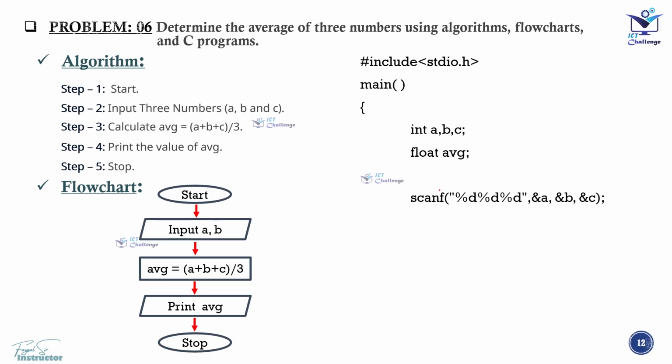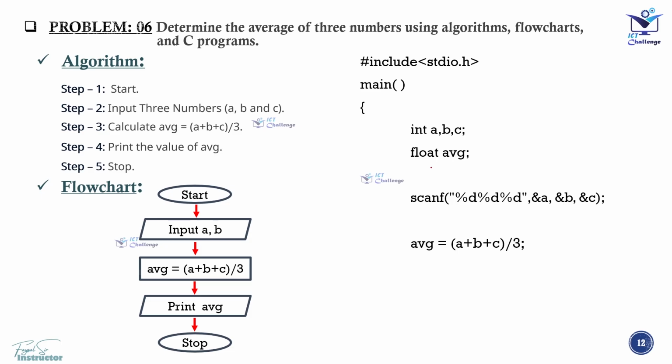We need to take input for these 3 integers, so scanf percent d for 3 times, and we write the address and name of each integer: ampersand a, comma, ampersand b, comma, ampersand c. After that we put the semicolon, then the equation should be avg is equal to a plus b plus c. Then you have to put the parentheses, then divide by 3. Okay, so this is our average.